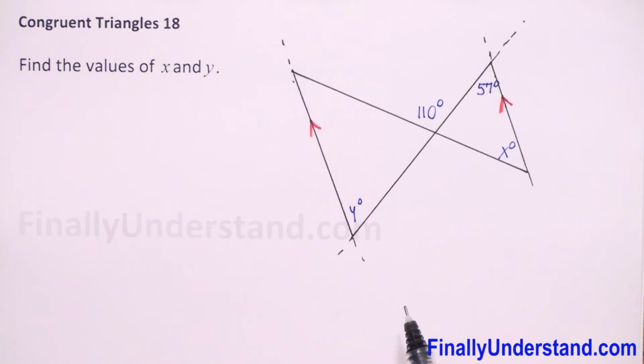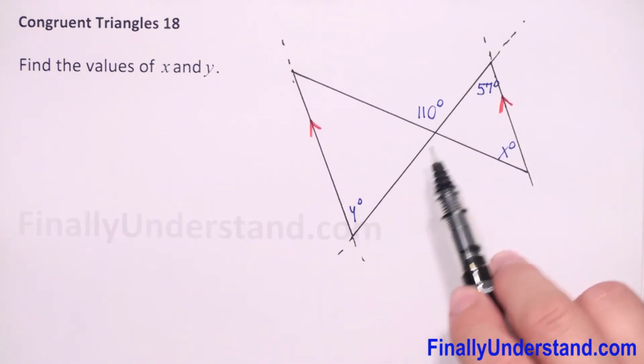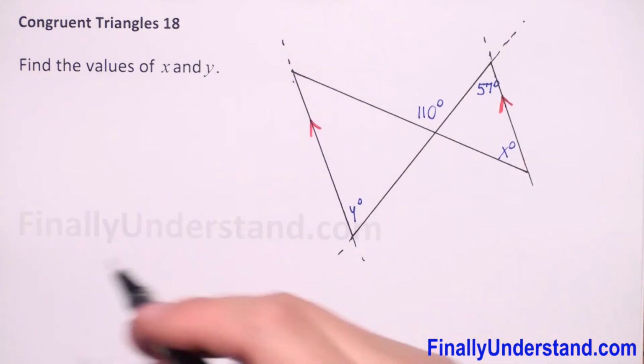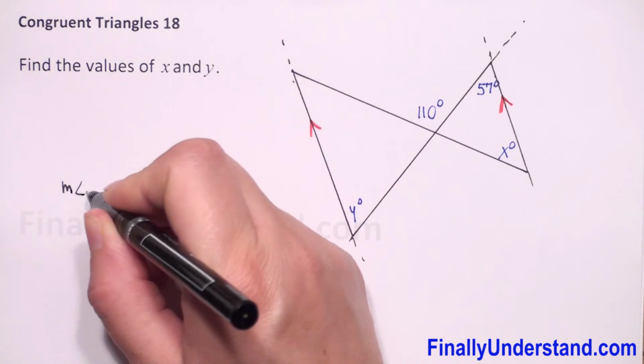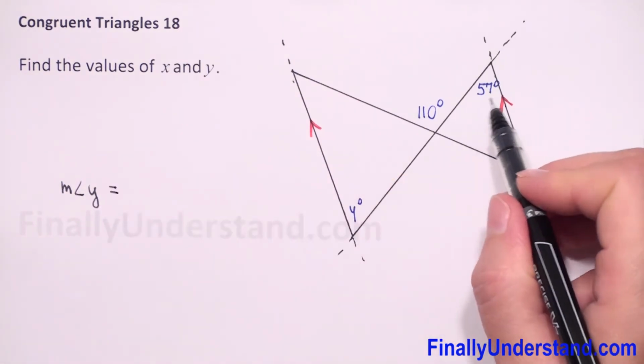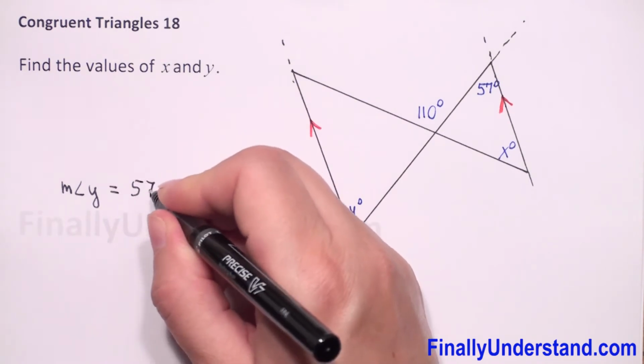So then the pairs of alternate interior angles are congruent. It means that the measure of angle y is equal to 57.